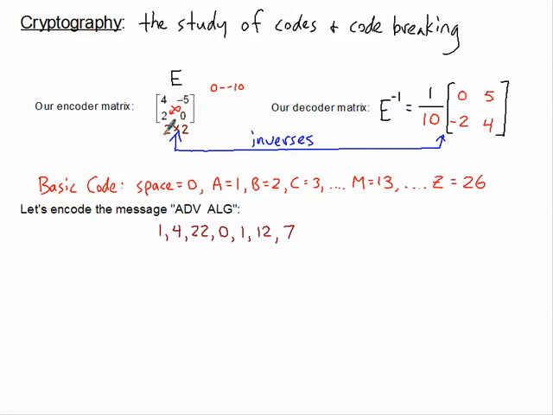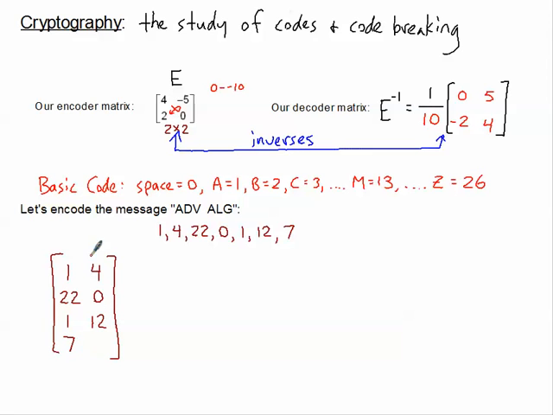So I know that I'm going to be using 2 columns for my matrix, so I'm going to go ahead and draw this. I don't know how long it's going to be in terms of how long these columns are, but I do know that it's going to be 2 columns. And I'm just going to start putting the numbers into my matrix in order. So a 1 and then a 4, and then the 22, and then the 0, and then the 1, and the 12, and then the 7.